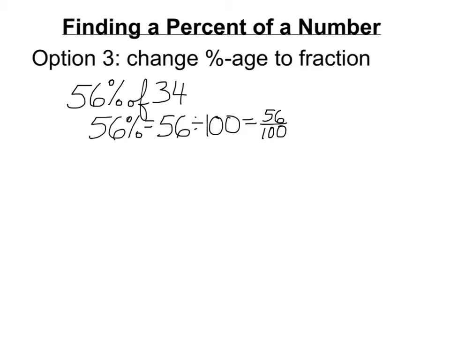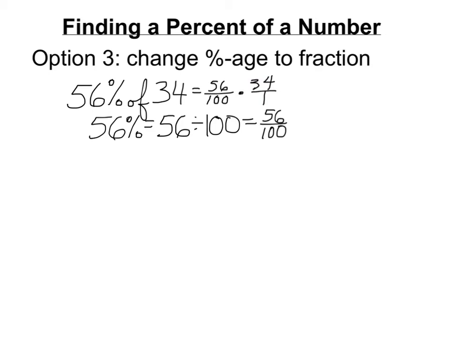So now, if we come back up here, I know that 56% is really 56 hundredths. "Of" means times, and I'm going to take advantage of 34 being the same as 34 over 1. So now I've got a fraction times a fraction.